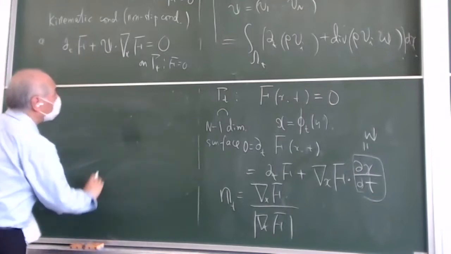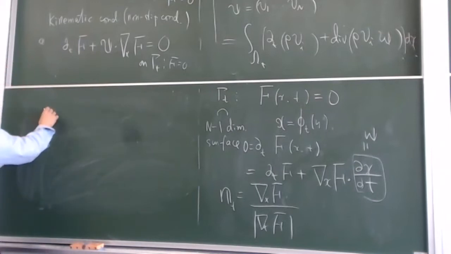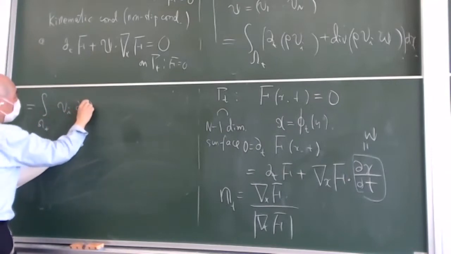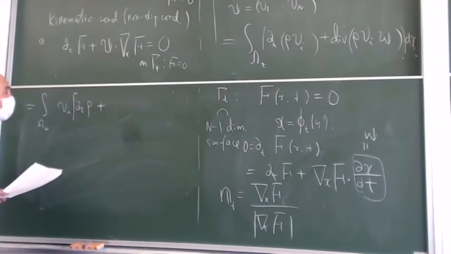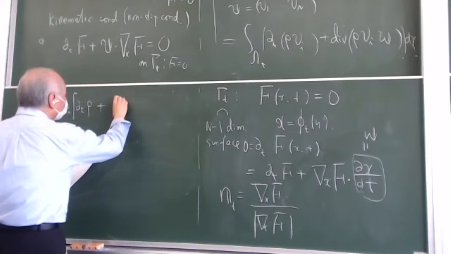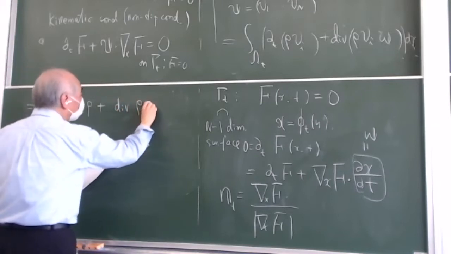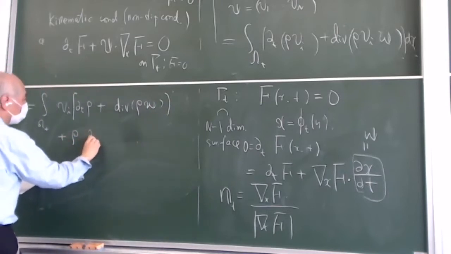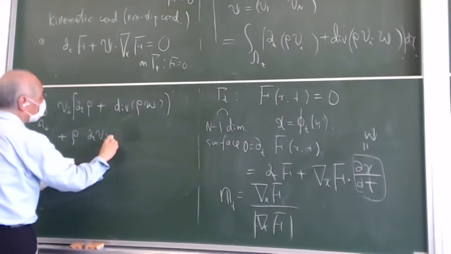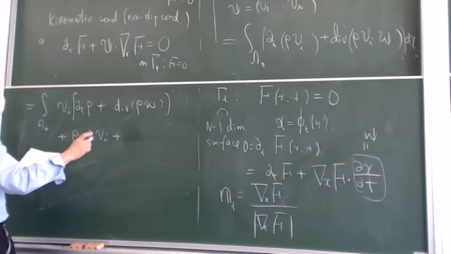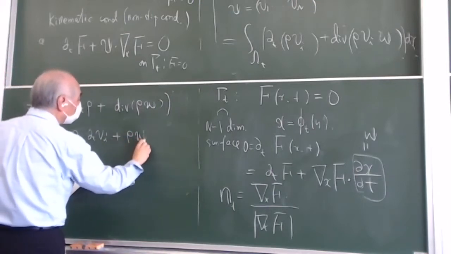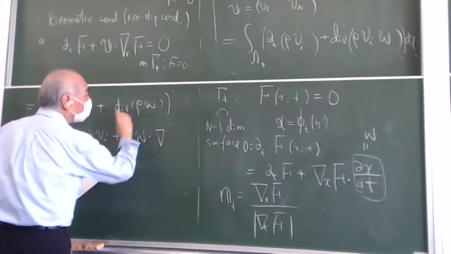We know the first term is Vi times the mass term. So plus we write Vi outside, rho W, and then rho dt Vi plus W gradient Vi.